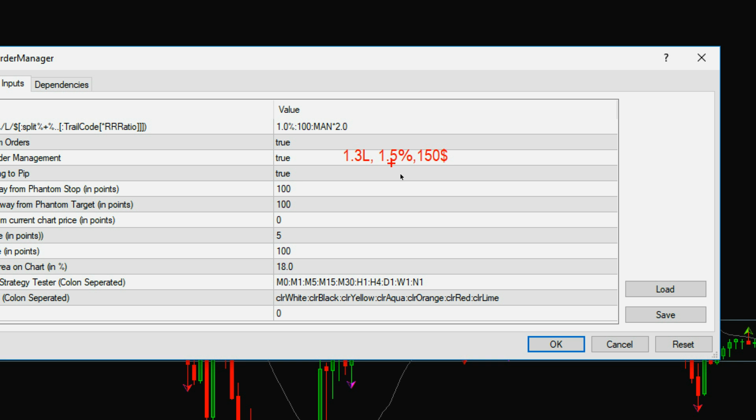So it will open a trade with a maximum risk of $100. Same way, if you define a fixed dollar amount, it doesn't matter how much your account balance is, on every single trade it will risk $150. It will calculate the lot size accordingly. Same way, if you have a fixed percentage amount, it will calculate the lot size for a trade accordingly.